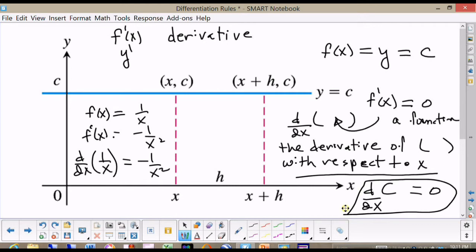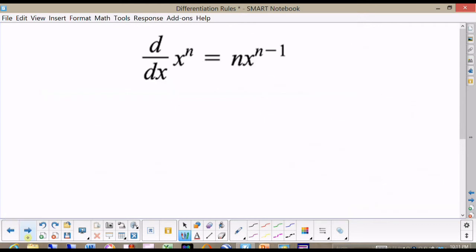Now, you've seen me sort of hint around that the derivative of x to the n is equal to n x to the n minus 1. This is called the power rule.